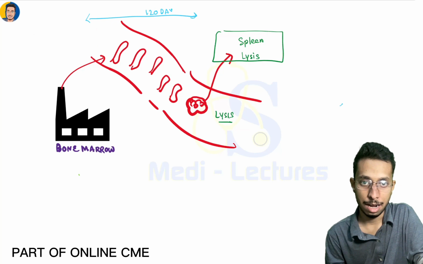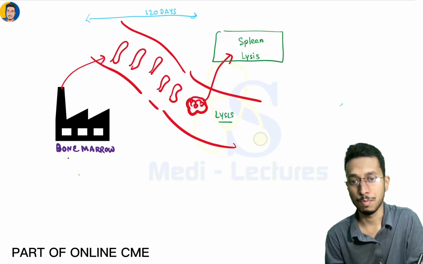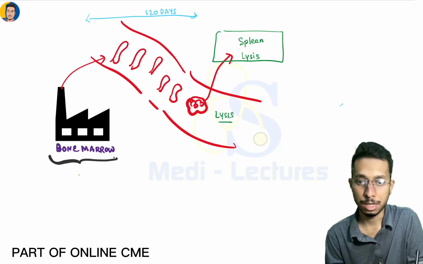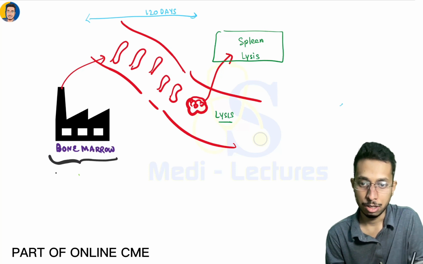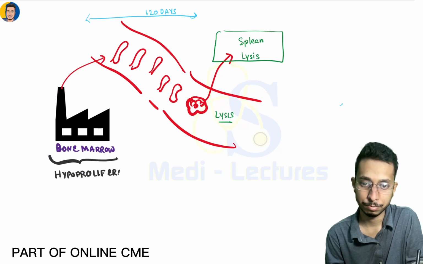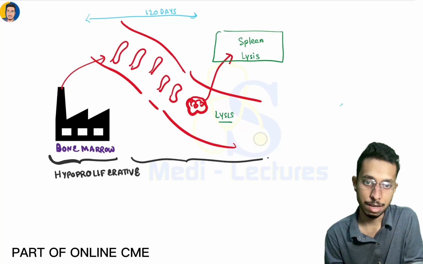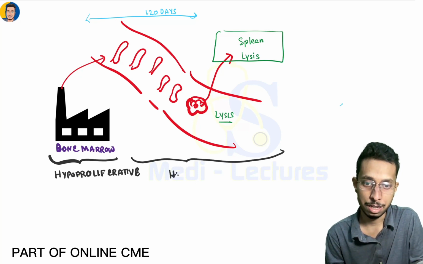Now, anemia at the level of the factory itself, or a bone marrow defect, for all practical purposes can be considered due to a hypoproliferative nature, that is a decrease in the work of the bone marrow, hypoproliferative anemia. And anemia at all other places is considered to be hyperproliferative.